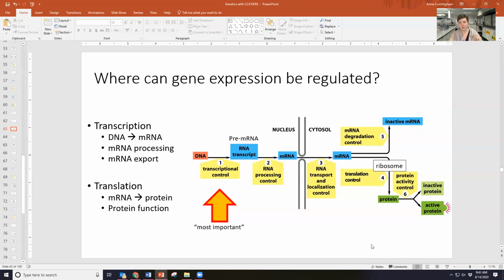So you can see on this slide that there are lots of points at which we can regulate this, because this is such a very important thing to regulate. So for example, I have this arrow here.